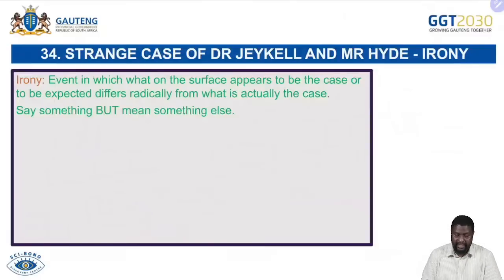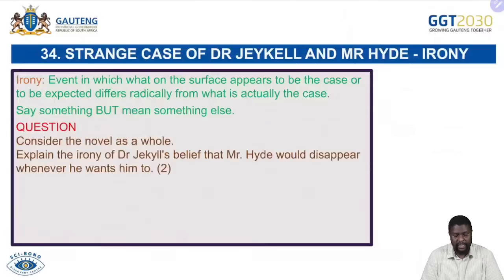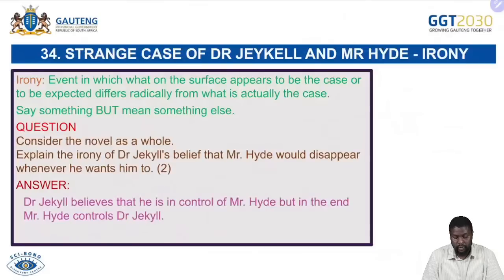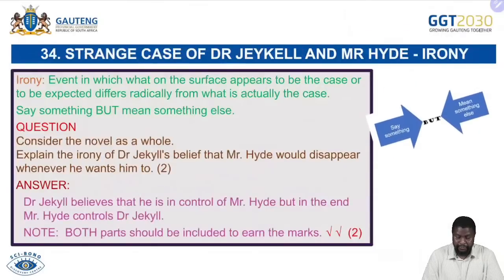So what are the beliefs? Here, Dr. Jekyll believes that Mr. Hyde can disappear whenever he wants him to. Is that what happens? Our answer is no. Dr. Jekyll believes that he is in control of Mr. Hyde, but in the end, Mr. Hyde controls Dr. Jekyll. So both parts should be included to earn marks.